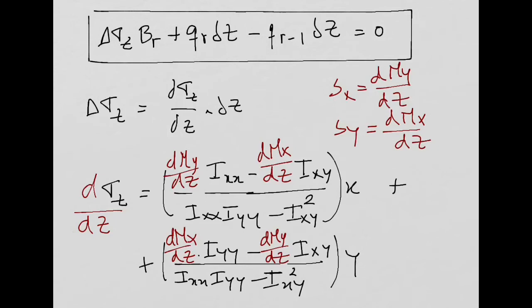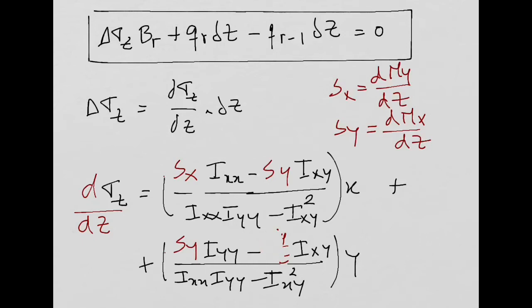So I can just replace this in this equation, and I will obtain here Sx, I will obtain here Sy, right? Sy here, and Sx in this last one. Okay?